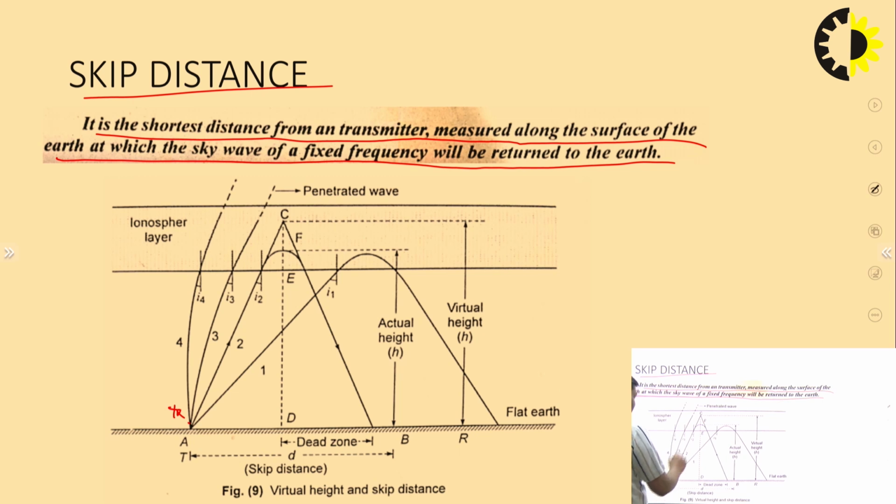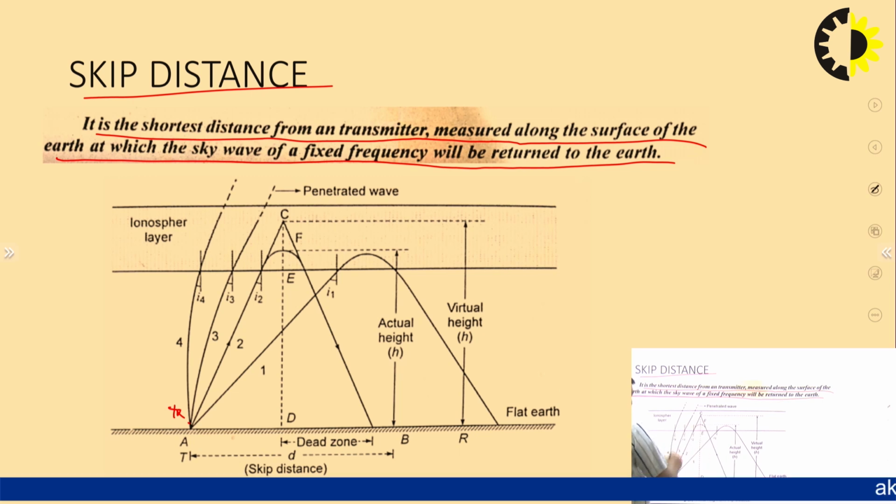If I transmit a particular frequency at different incident angles I1, I2, I3, I4, the distance where the first sky wave returns is called the skip distance.